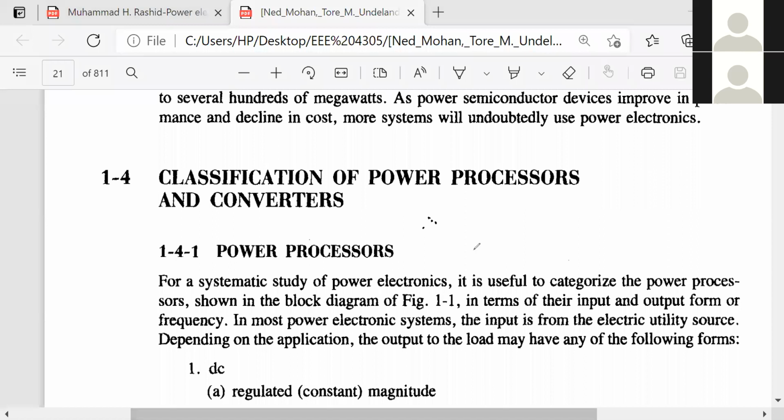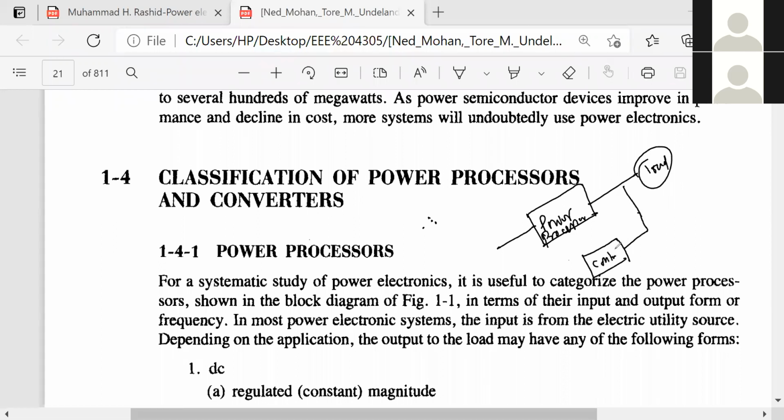If you remember the basic diagram of the power electronics system, there was a power processor, then that has gone to the load, and from there is a controller, and the controller will give the control signal, and there is a reference here, and this is your input, and that will be your output.